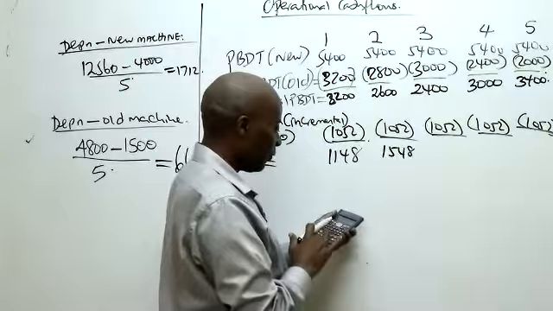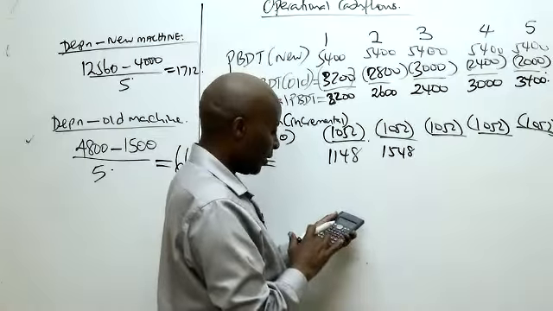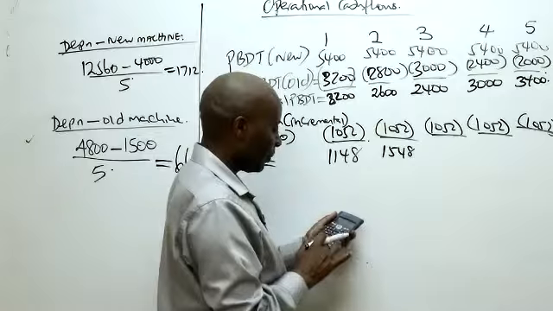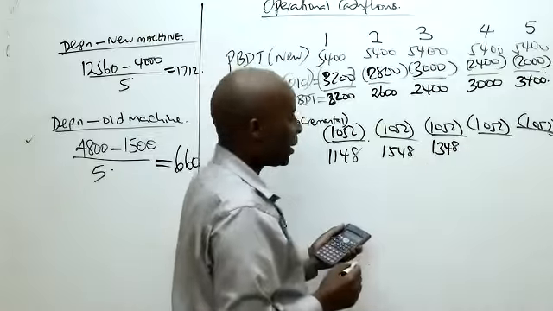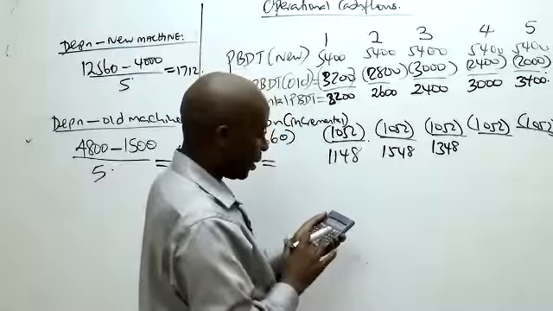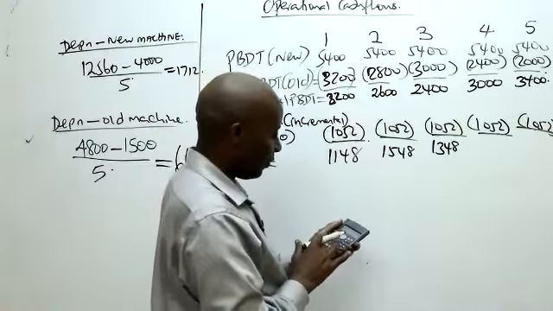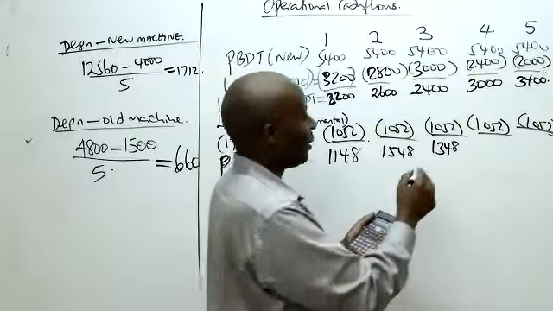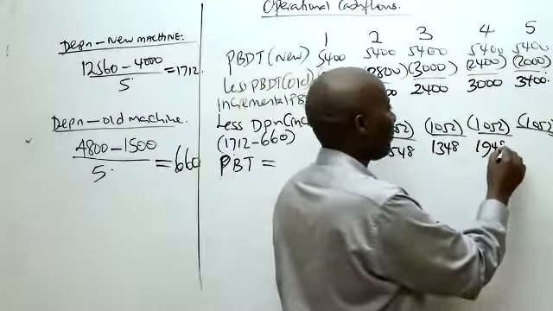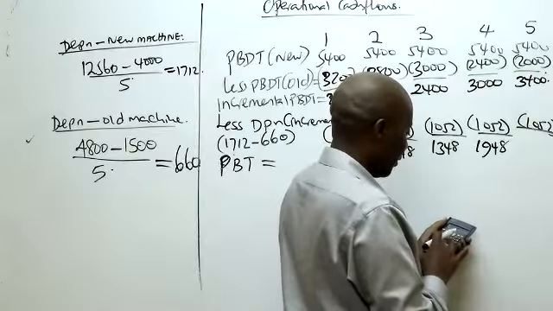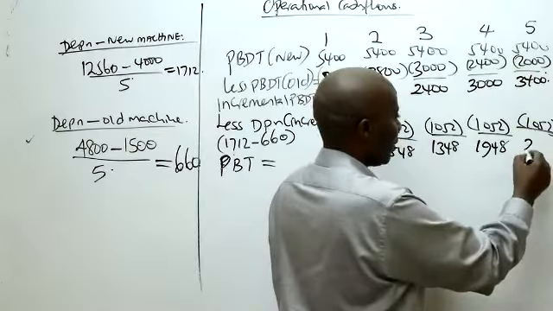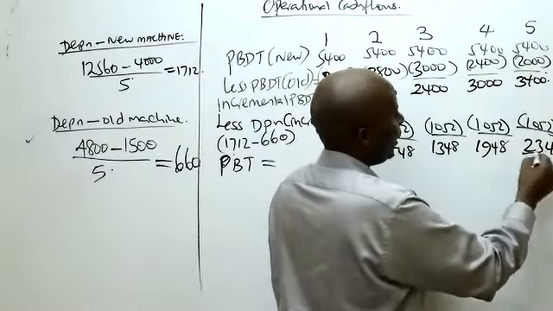We have 2400 minus 1052, which gives us 1348. We have 3000 minus 1052, which gives us 1948. Then we have 3400 minus 1052, which gives us 2348.